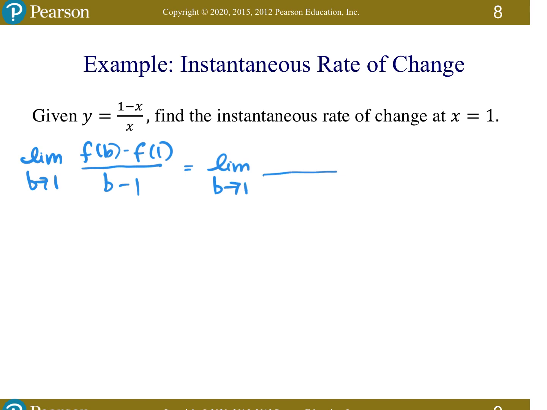All right, the numerator with the limit notation is going to start out with me plugging the letter b in. So 1 minus b over b. Minus me plugging the number 1 in. What do I get when I plug in the number 1? And then my denominator is b minus 1.